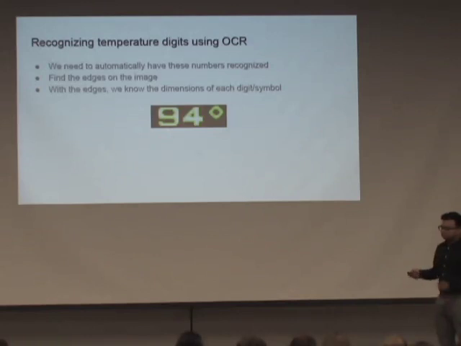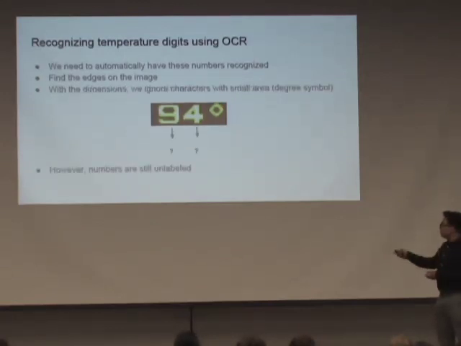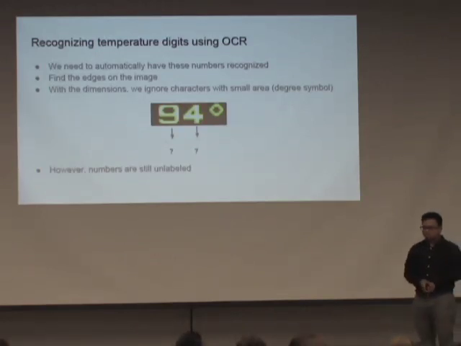So every time it comes across a picture, the boxes are put around it the exact same way, because all the dimensions are always the same behind the edges. I can also ignore things that have small area like these, so it only focuses on the numbers. And I labeled it manually, and you can recognize them later.